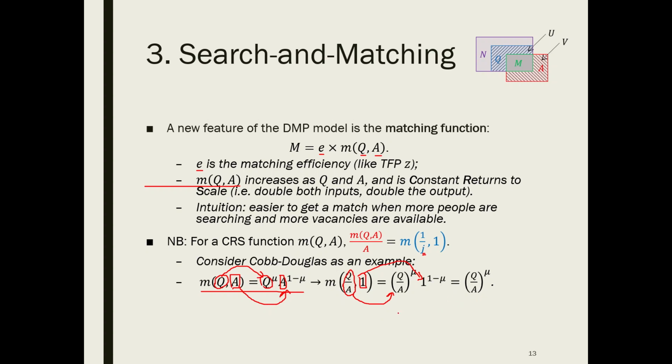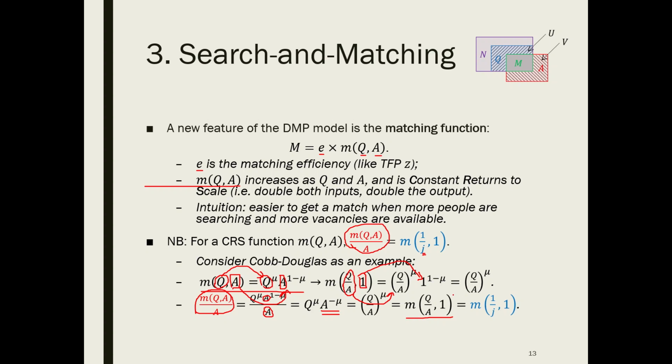To prove that M(Q, A) over A is equal to M(1/J, 1), we start with the left-hand side of the equation. We divide M(Q, A) by A. Use the law of power functions: when the bases are the same, the powers can be combined. So we can rewrite M(Q, A) over A as (Q/A) to the power of mu, which coincides with the result of M(Q/A, 1) as we showed earlier.